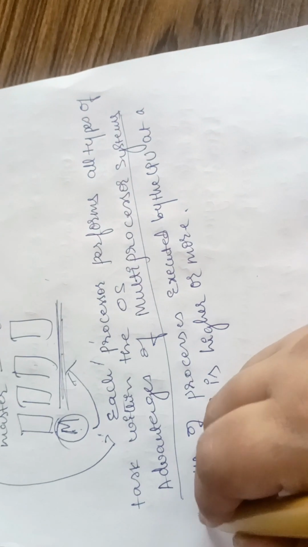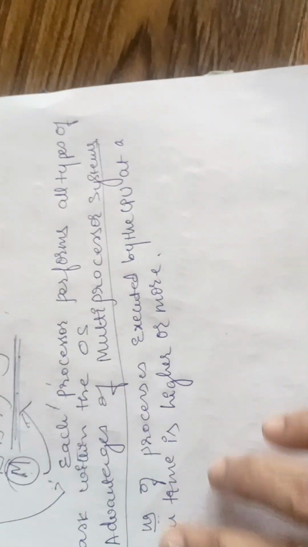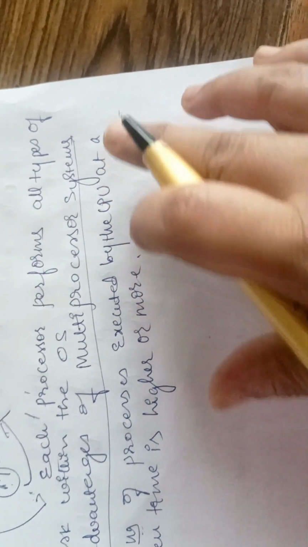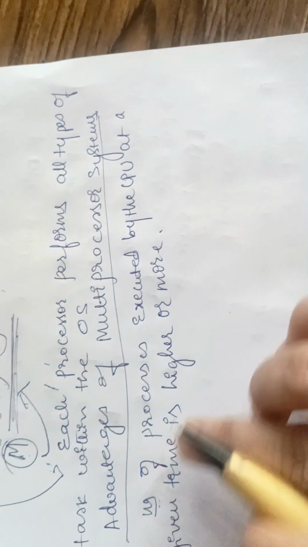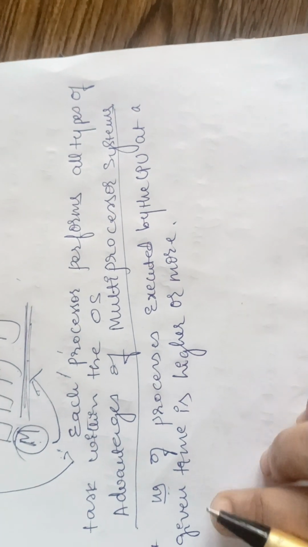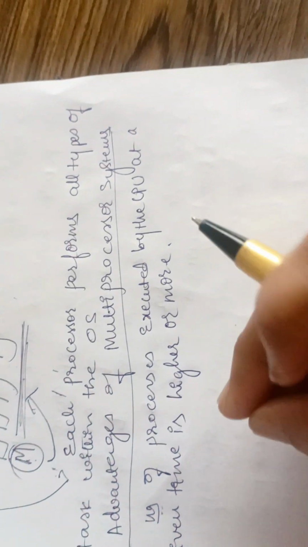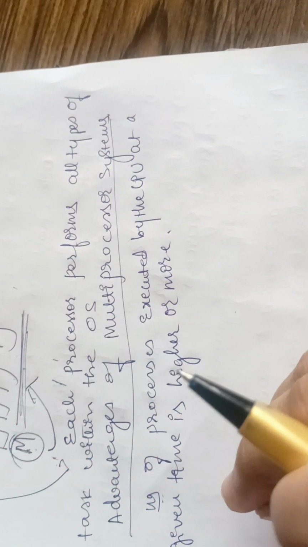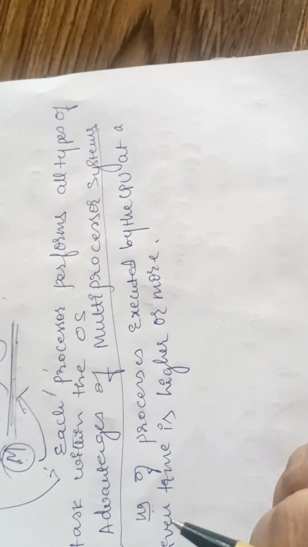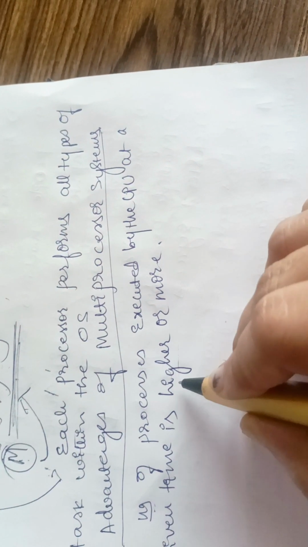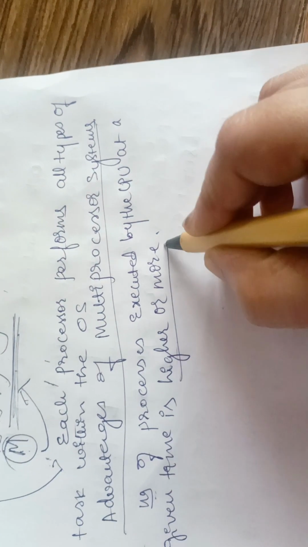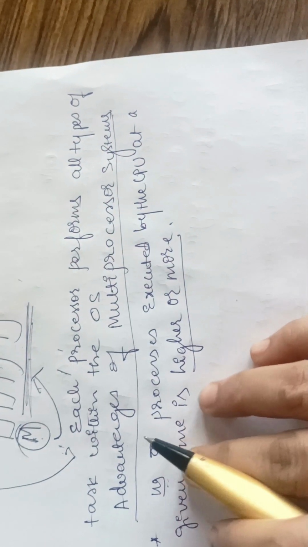Okay, so this is one of the advantages. For example, in 2 seconds, how many tasks will be executed by the CPU? Obviously it is more because of so many processors.